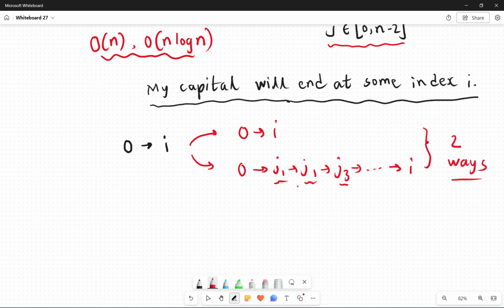Okay, so what I can notice here is that this is the first case, and let this be the second case.